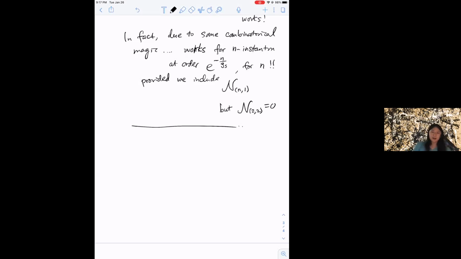Okay, so that's some kind of interesting evidence to suggest that the structure is somehow kind of rigid. So it could be that if I turn on n2,2, then there will be some other branch cut or something appearing in the complex energy plane of the reflection phase, and that we don't want.